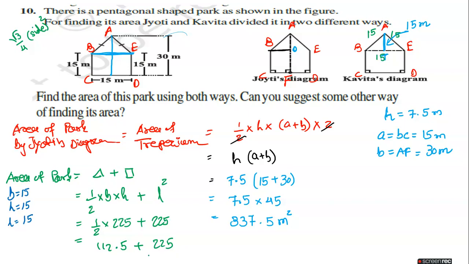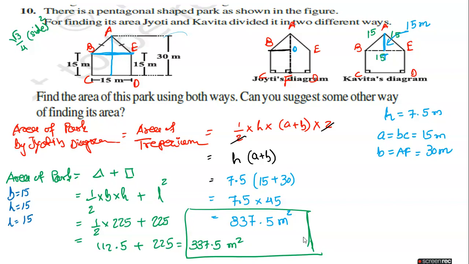So easily you will get the final answer, 337.5 meter square. By both methods we got the same answer, so it's called verification. This answer is verified here only. By both methods we got the same answer, so it's verified.